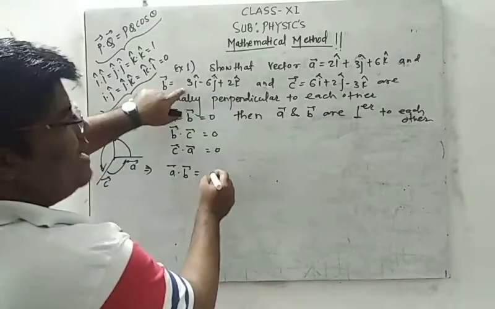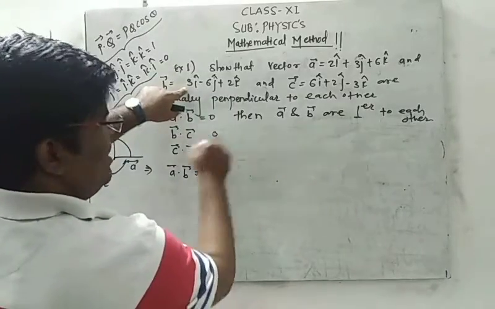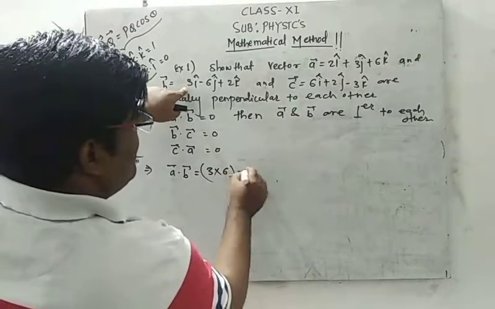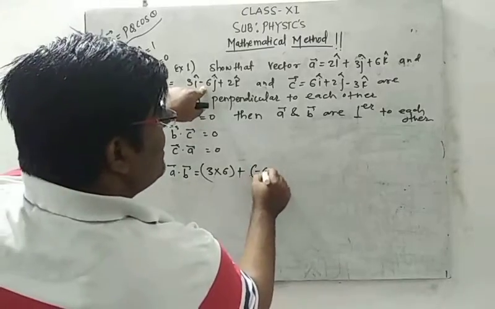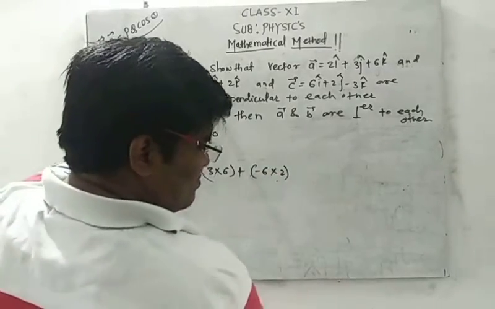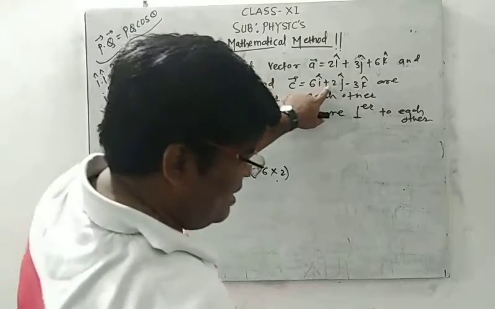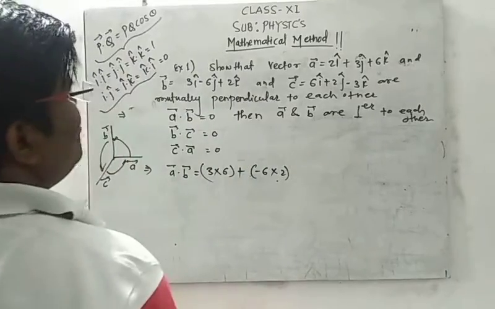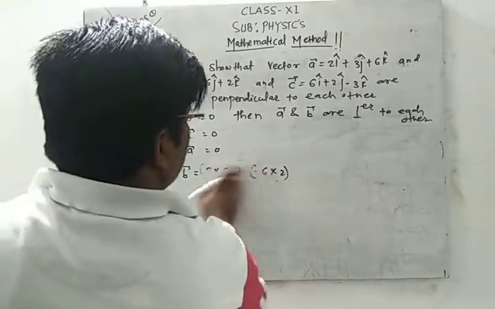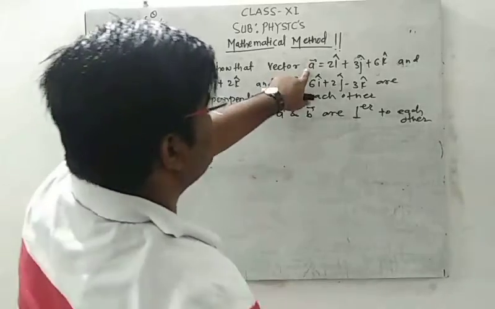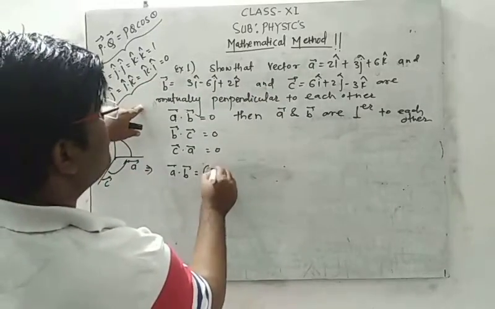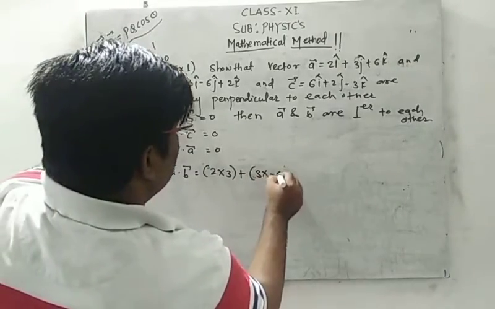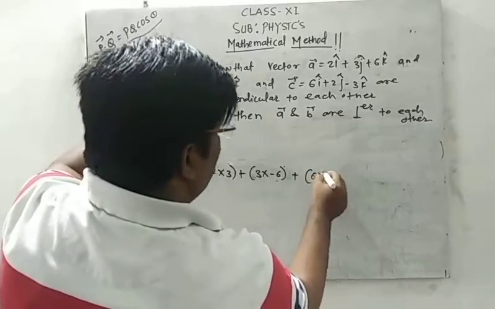By the last theorem, that is 2 multiplied by 3 plus 3 multiplied by minus 6 plus 6 multiplied by 2.